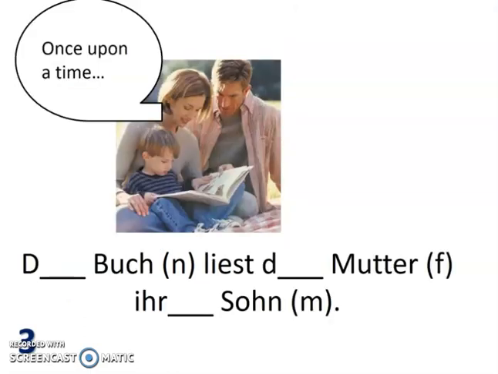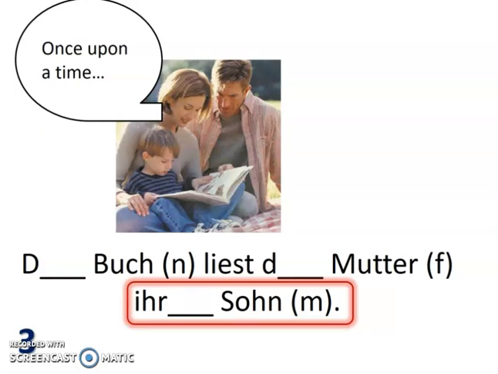All right, let's take a look at a different context. We have someone that's telling a story. So the mother must be telling her child a story or reading him a book. So we can figure out what everything is in that sentence. A little hint here, we're not starting with our subject the way we normally do in English.